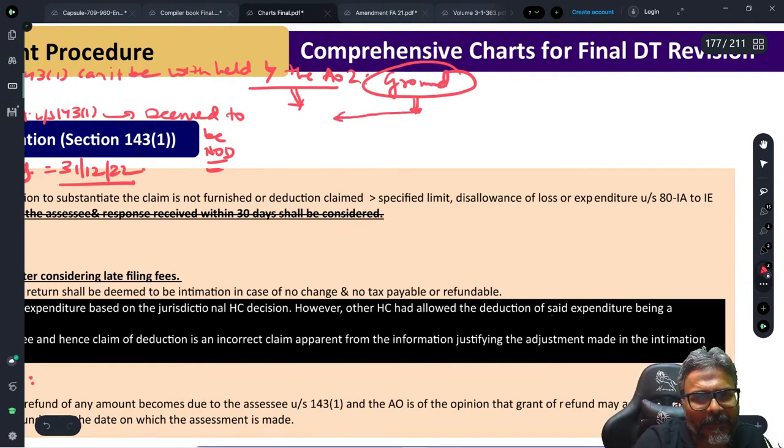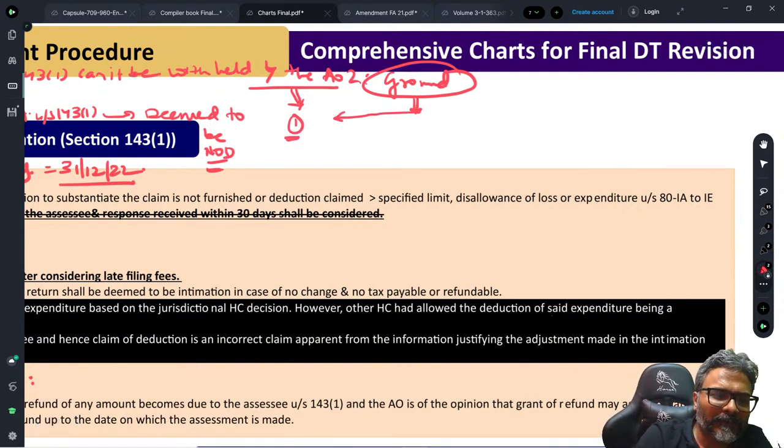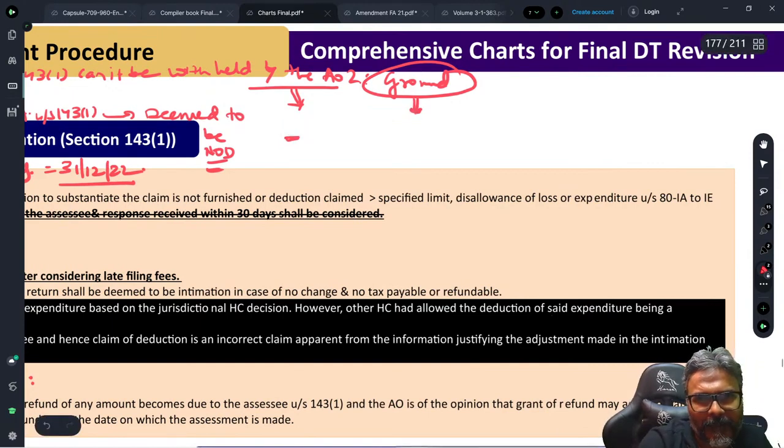And what is the ground? Number one, the first and foremost ground to withhold the refund is that the AO should be of the opinion, students. The AO is of the opinion what?